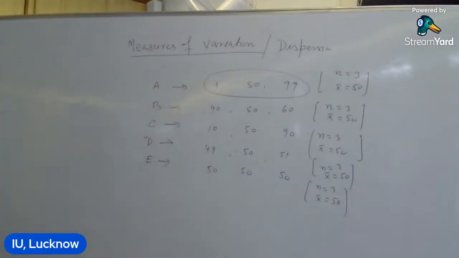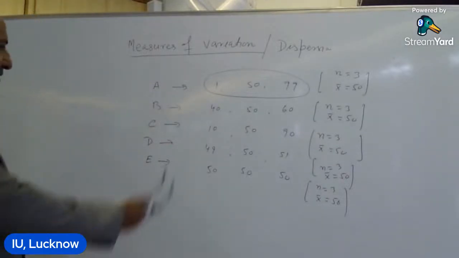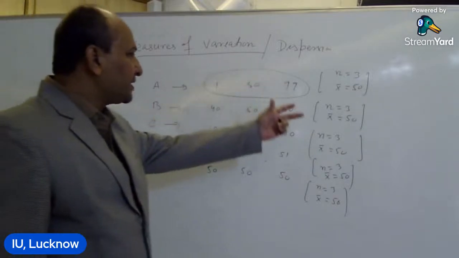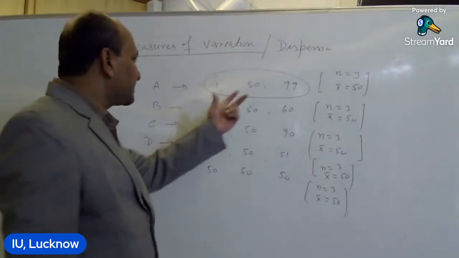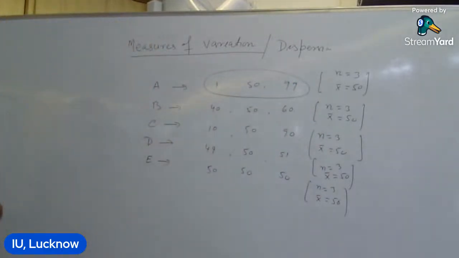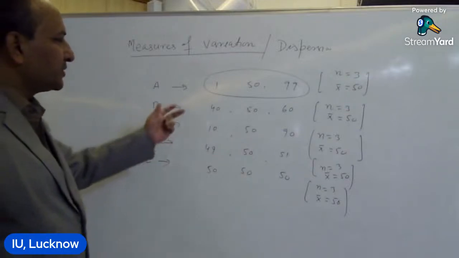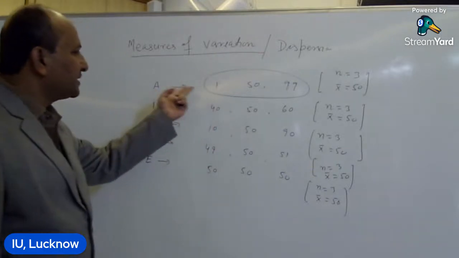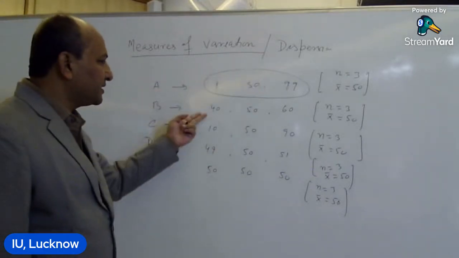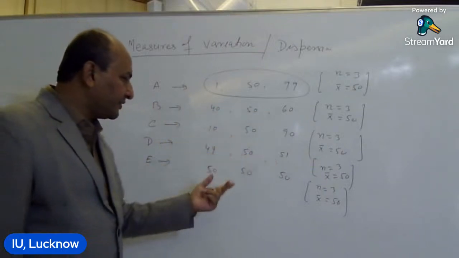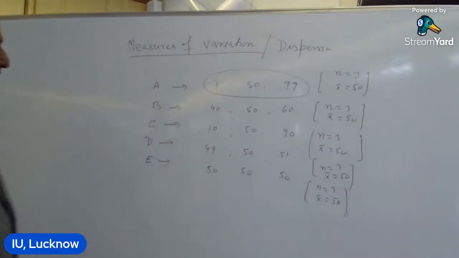The observations are different, but the information we extract is the same. But look at each set of observations. The first one is 1, 50 and 99. The second one is 40, 50 and 60. The third is 10, 50 and 90, then 49, 50, 51, and 50, 50, 50. So what is the difference?